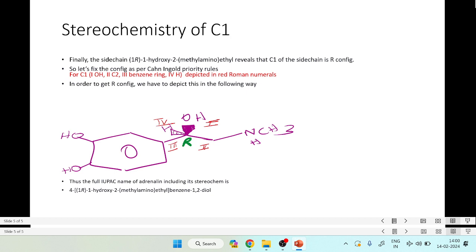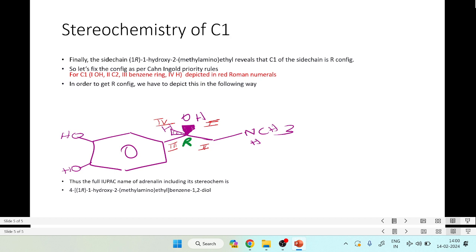See, for C1, if you look at the 4 different groups attached to it, the first priority will be OH, second priority will be C2, third priority will be the benzene ring itself, and the fourth priority, hydrogen, is now facing away from you, and you can see that 1, 2 and 3 are rotating in the clockwise direction. Okay, so that is why this gets a 1R or the R configuration.